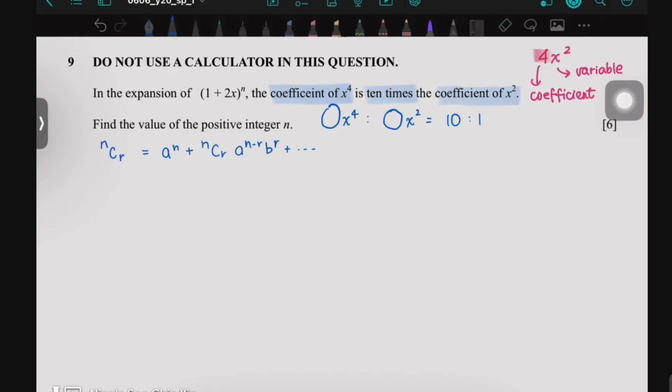We list out what A is: a equals 1, b equals 2x. Your r will be 4 or 2. We have to deal with these two first. Get it?